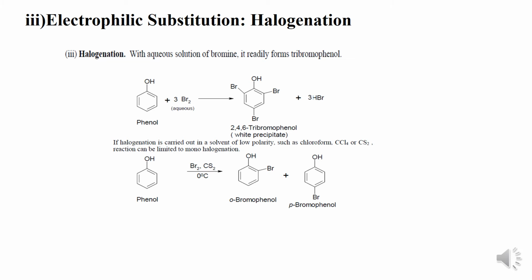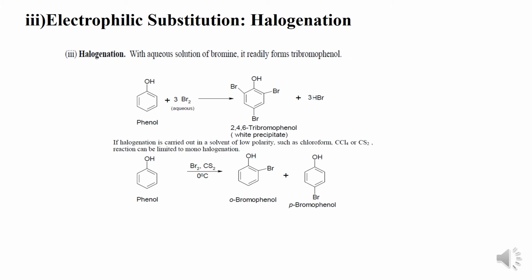Aqueous means the solution has plenty of water, and water is highly polar, so 2,4,6-tribromophenol is obtained. In low polarity solvents like chloroform, carbon tetrachloride and CS2, the reaction is limited to a monohalogen, either ortho or para bromophenol.